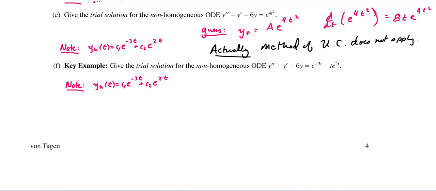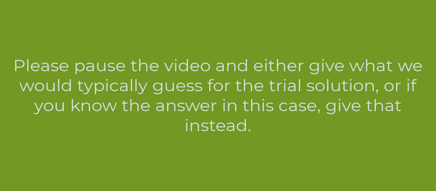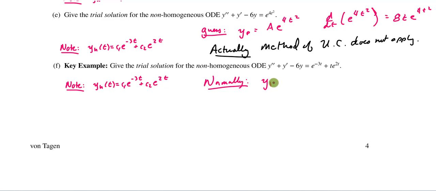So let's get to this key example here. Normally, what would we guess when we have this structure for a particular solution? Normally, our y sub p would be something like Ae^(-3t) plus, and we have to think about all derivatives that could show up, so we'd have (Bt + C)e^(2t).